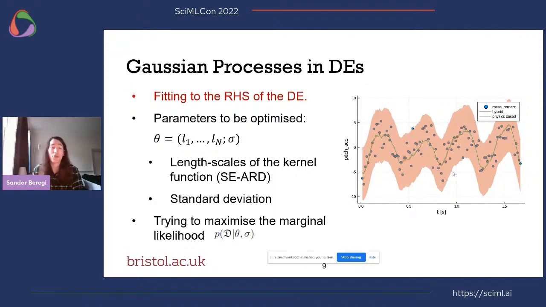On the other hand, Gaussian processes were more useful in the cases when there was some noise in the system, because they have a natural way of considering process noise in the model.